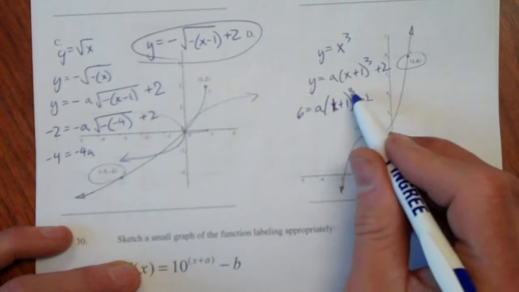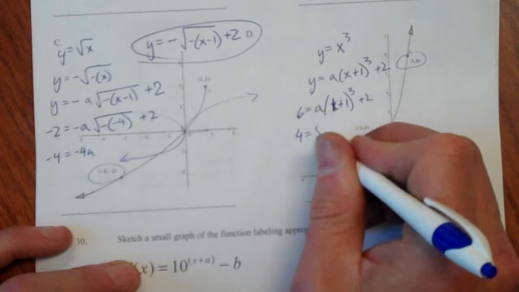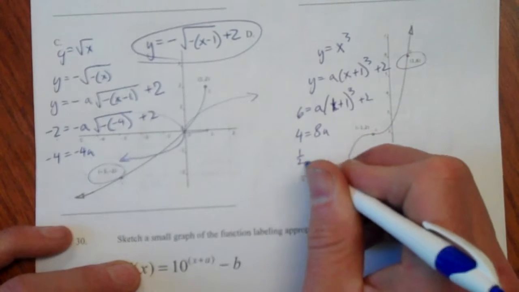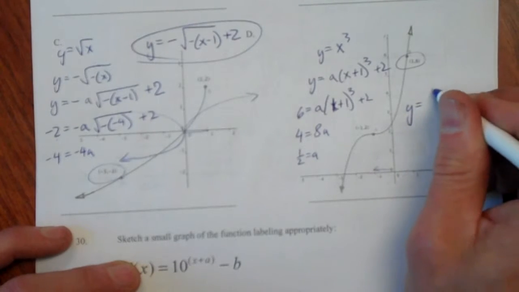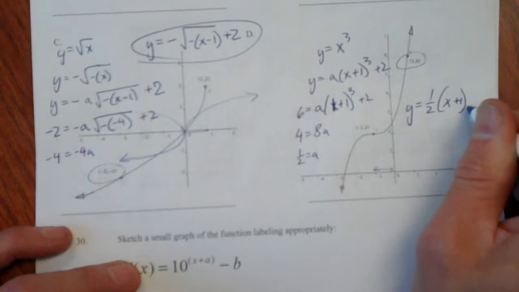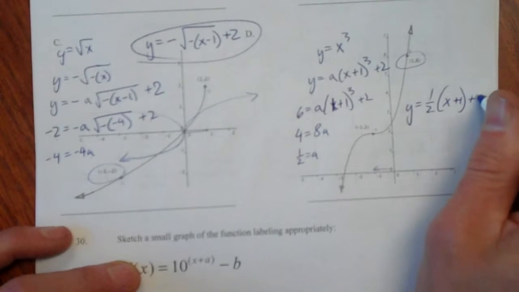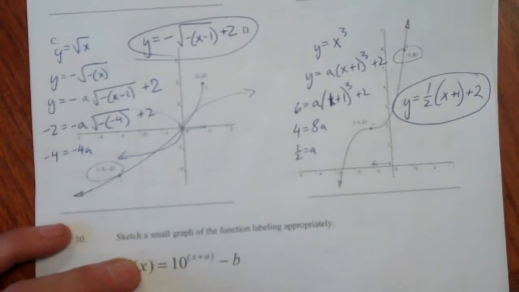Well, 1 plus 1 is 2, cubed is 8. If I take away 2 from both sides, I get 4 equals 8a, so 1/2 equals a. So my best final answer is y equals 1/2 times x plus 1 cubed plus 2. Lots of plus 2's going on there, but that is it.